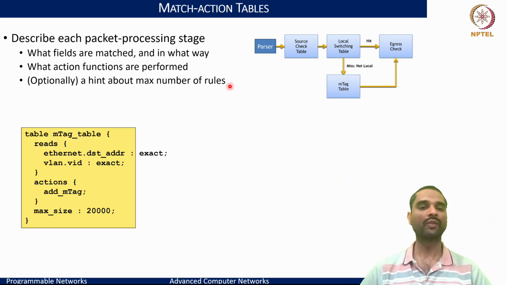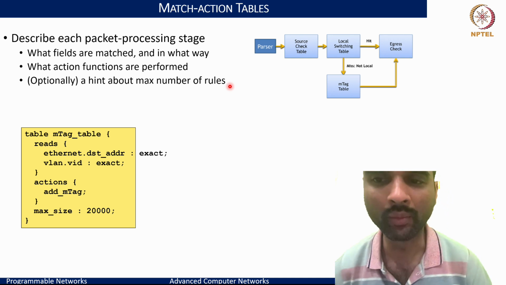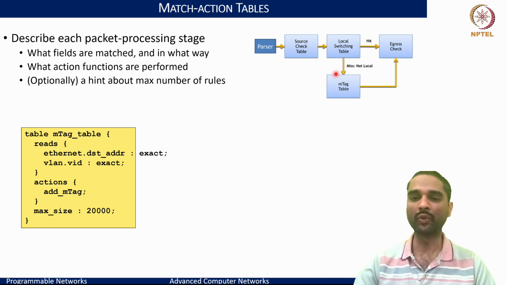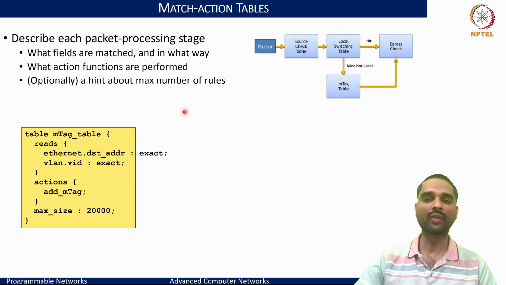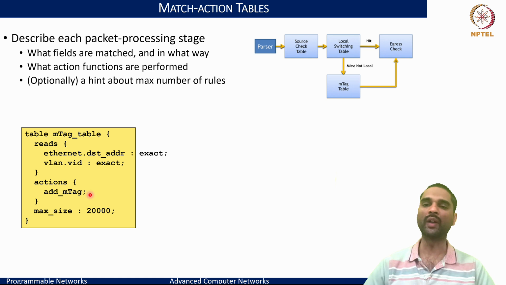And for this, we can say that if we write a table, the M tag table, this is the table that we want to populate. When I get to the M tag table, I match on the destination address Ethernet and VLAN ID, both exact. If both are matched, then the action that I want to take is add M tag.